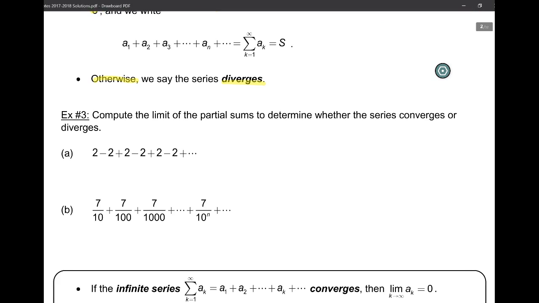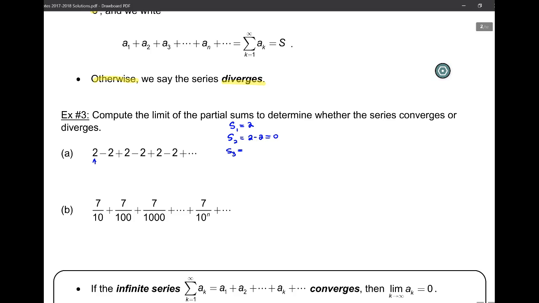Compute the limit of the partial sums to determine whether the series converges or diverges. And you may actually just by looking at some of these kind of see what's going on. So here, if we look at s sub 1, well, that's just 2, right? That's the first term. Then s sub 2 is going to be 2 minus 2. That gives us 0.